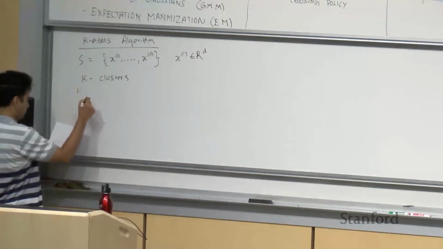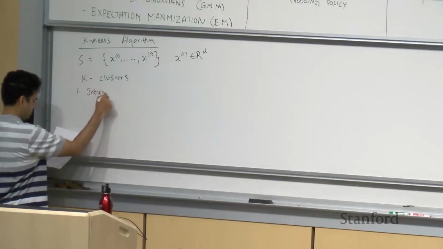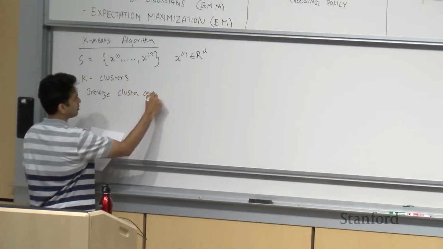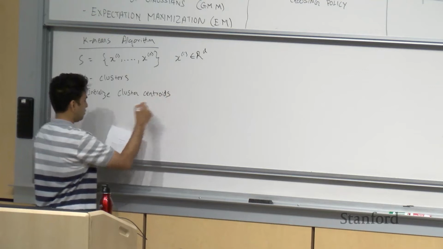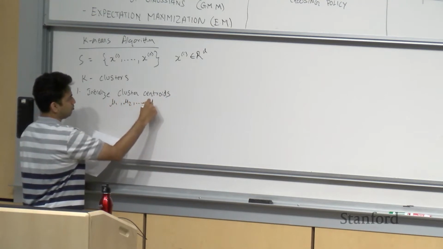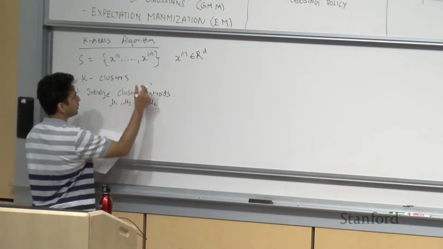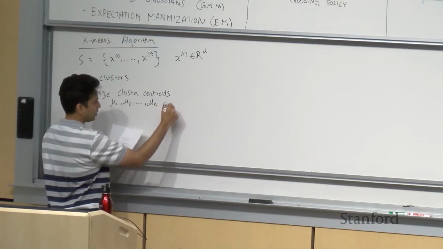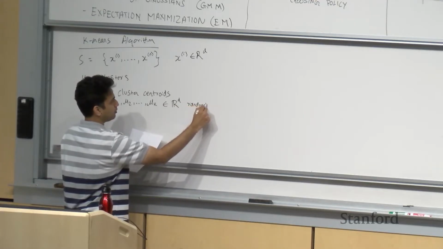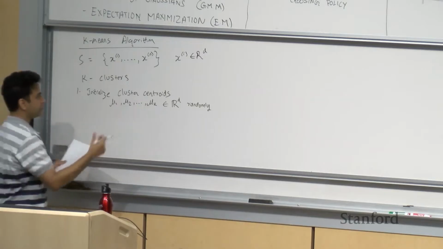The algorithm goes like this: initialize cluster centroids mu1, mu2, through mu k randomly. So you have one centroid per cluster, where each of them is in R^d. Each of these mu1, mu2, mu k is a vector.